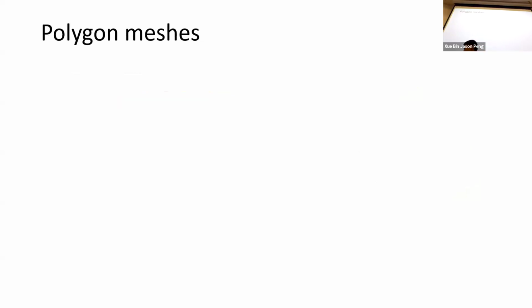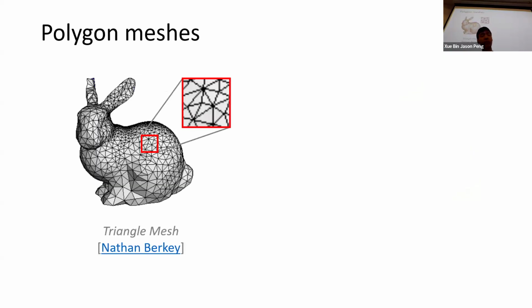Now, one of the key design decisions that we have to make when constructing a polygon mesh is what polygon we should use to represent the surface patches on our object. For example, we could use triangles to represent the little surface patches in our mesh, and this would lead us to a triangle mesh, where the surface of the object is approximated by a bunch of little triangles. But we can pick other polygons as well.